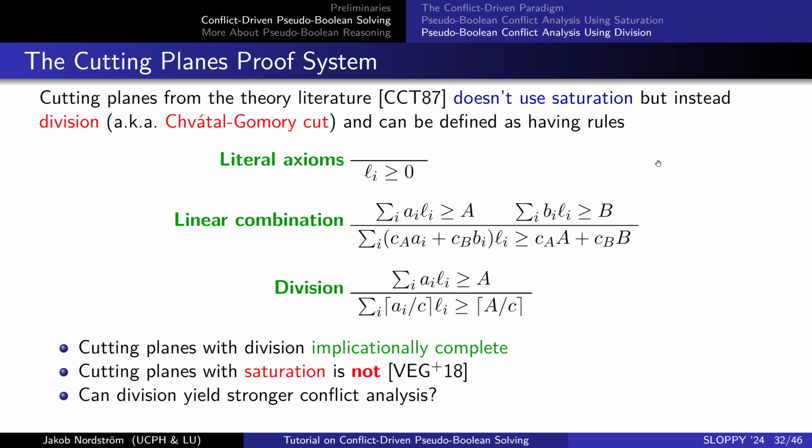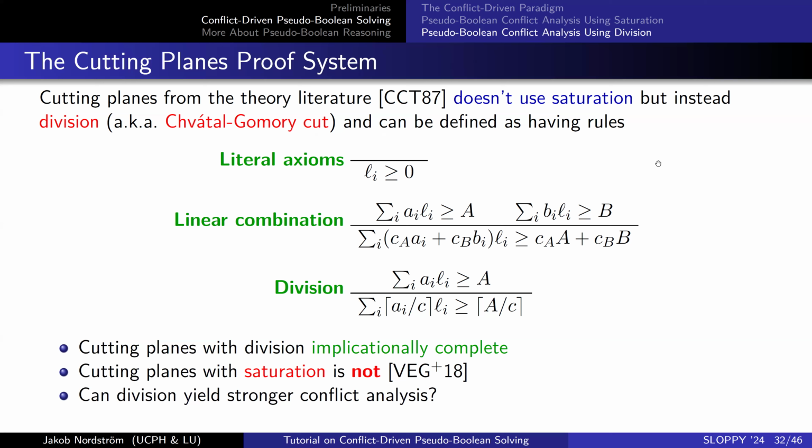We know that this proof system is implicationally complete, meaning if I have a bunch of constraints that semantically imply some other constraint, then with these rules, I can derive this other constraint. Whereas if you use the saturation rule, it's not implicationally complete. So there are constraints that are implied, but cannot be derived by cutting planes with saturation.